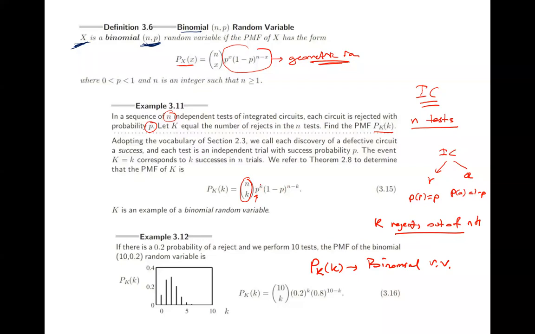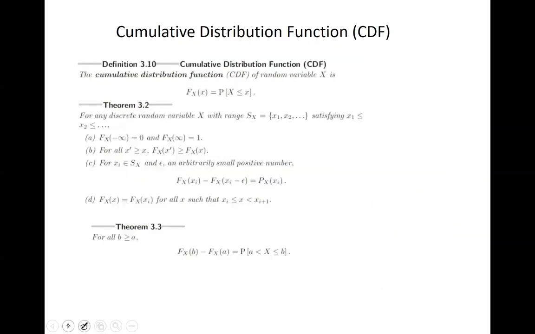For any number of tests, we can find the probability of k rejects by using the binomial random variable. And here we see the PMF graph. To draw this graph, we have to plug in all values of k and n, and determine the specific values of the PMF at each value.